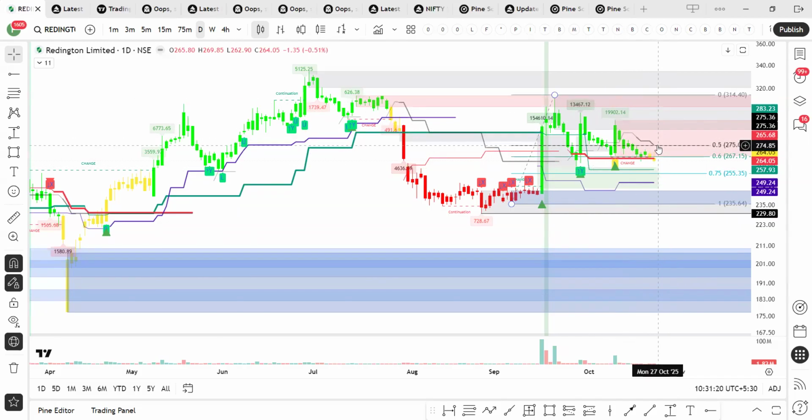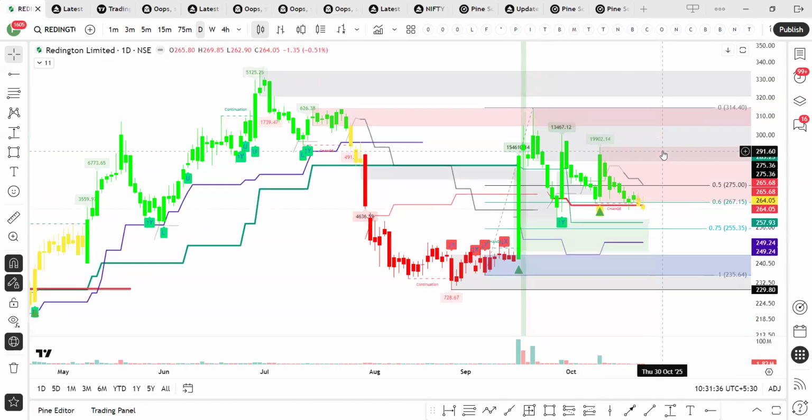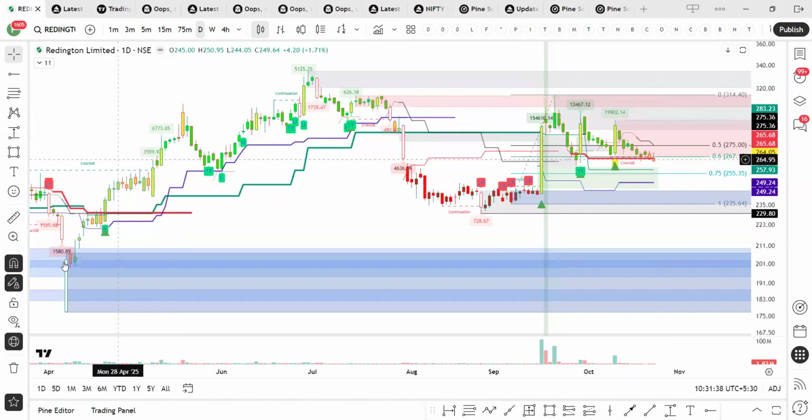That is one more important thing. So either it may come down and give a retracement entry one more time, or it may start moving up. It has already given a retracement. So I may look for an opportunity to buy if it goes above the previous day's high, if it gives a high start entry, and the price action looks good.